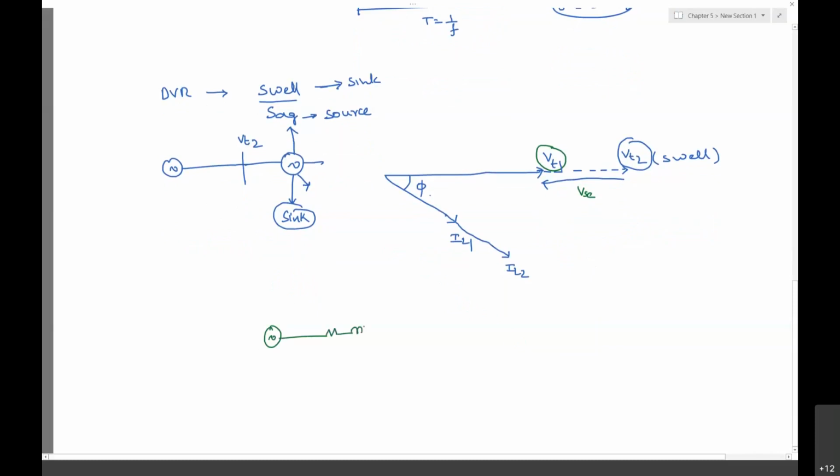Here, this is the voltage at VT2. The compensation voltage is out of phase. I'm just drawing it out of phase. Then we are going to reach VT1. We are going to inject the voltage in this particular location. Now, with respect to this, the current has been reduced to IL.